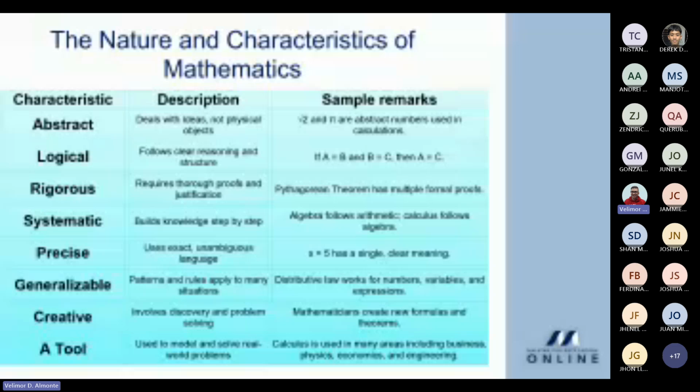I presented to you some ideas in logic. Mathematics is abstract, logical, rigorous, systematic, precise, generalizable, creative, and it is used as a tool by many fields in the sciences.